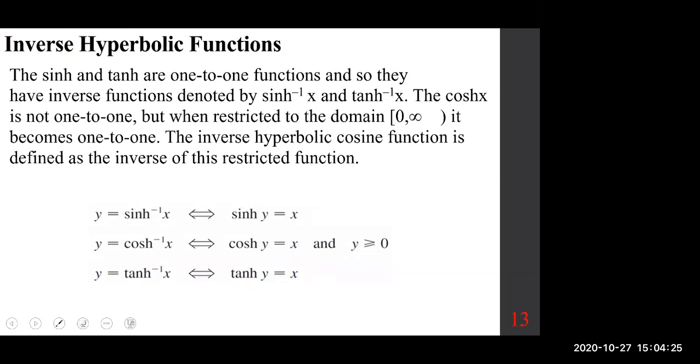Now, as we have trigonometric functions and their inverse functions, we have hyperbolic functions and their inverse functions. The sinh and hyperbolic tangent are 1-to-1, so they have inverses, denoted by sinh inverse and hyperbolic tan inverse.